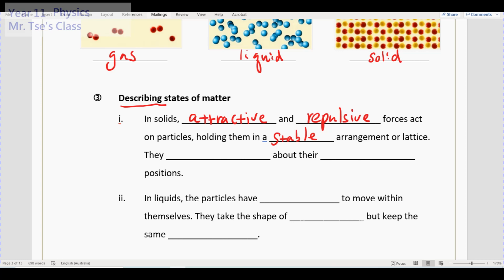Without any external forces, the shape will be quite stable, right? We describe this kind of constant motion as vibration. They vibrate, and their vibration doesn't have a very large amplitude. They can only vibrate a little bit from their equilibrium positions. That's what we call equilibrium.